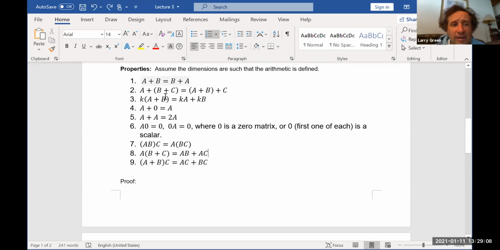What's missing here that you see in numbers? There's a couple really important properties that you see in numbers, but I didn't write here. Can you tell me? It's really important to know this.